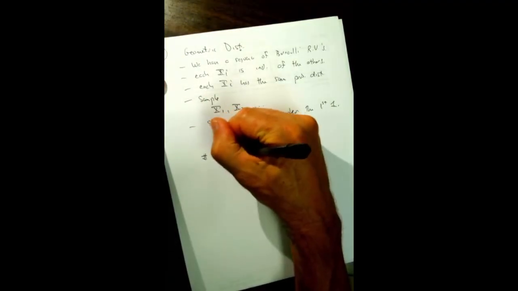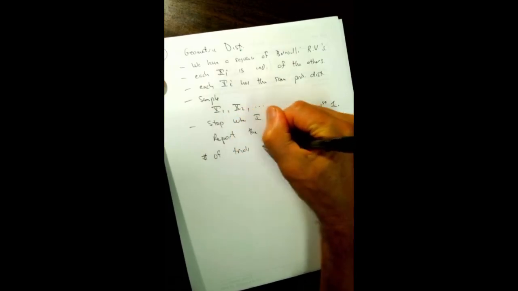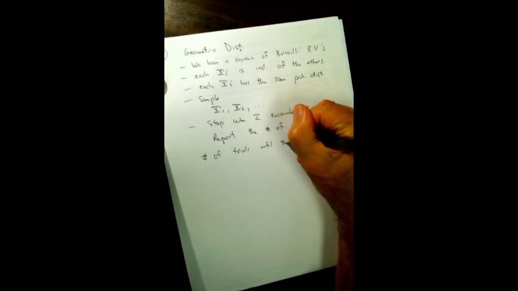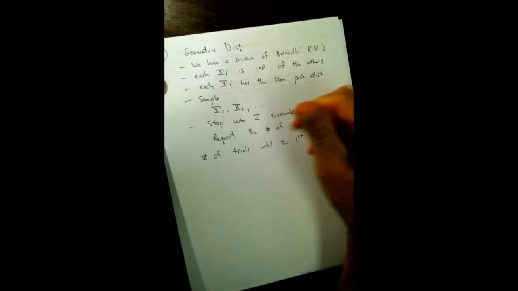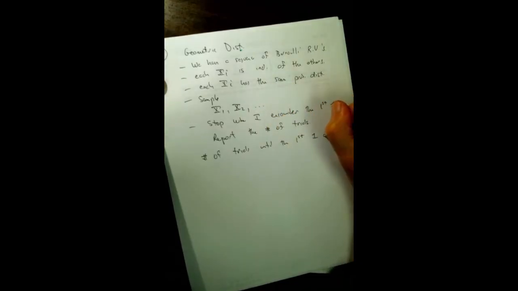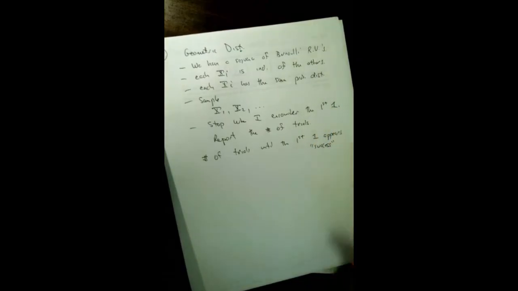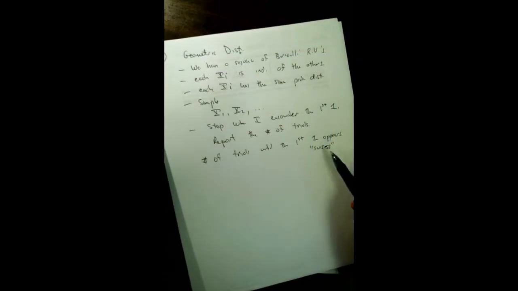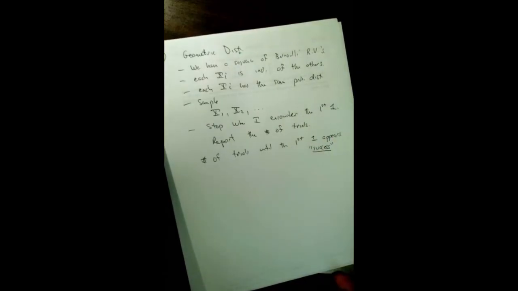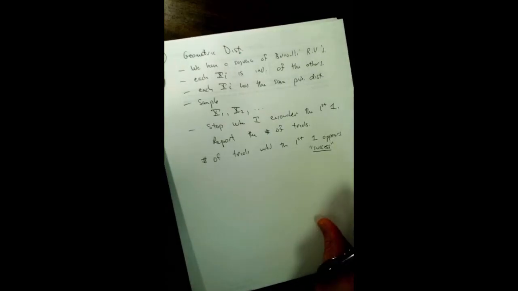So this is the number of trials until the first one appears. And for whatever reason, we sometimes call this a success, even though that word success is kind of loaded. It could be that we try it and something fails, and that's what we're calling a success.